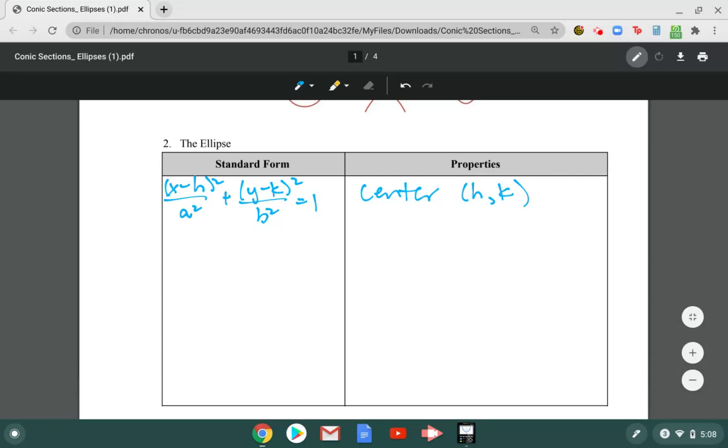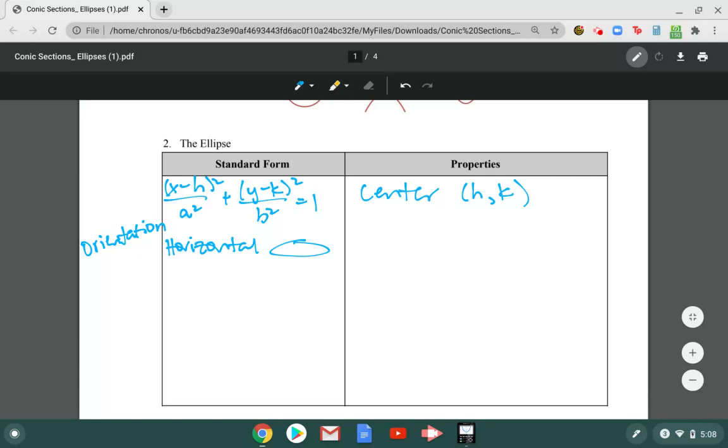We can also establish orientation, which is the direction of these, either by being horizontal. Horizontal means that the ellipse lengthwise is longer, horizontally left to right.